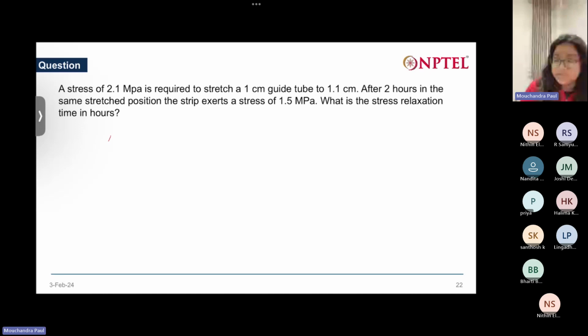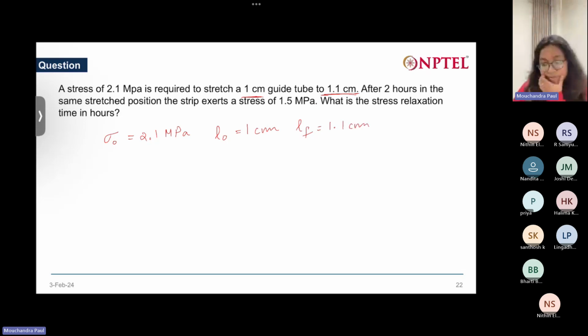Let me write it as sigma naught, and this value is 2.1 megapascal. Because of this stress, some increase in length has happened. It has stretched from 1 centimeter to 1.1 centimeter. So the initial length was L naught, and the final length was 1.1 centimeter.